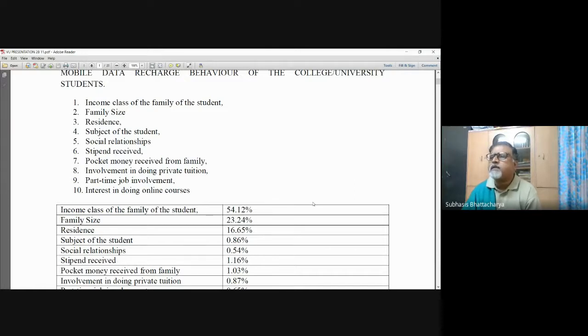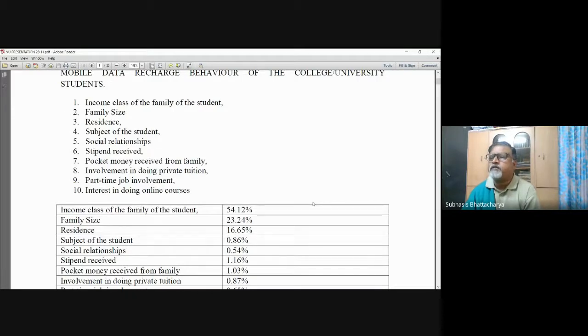Some explain a lot, some explain moderately, and some have low explanation over the mobile data recharge behavior of college or university students. So it is a significant task for us to identify the variables as per their explanation power, and also identify the level of such explanation power for the specific variable.